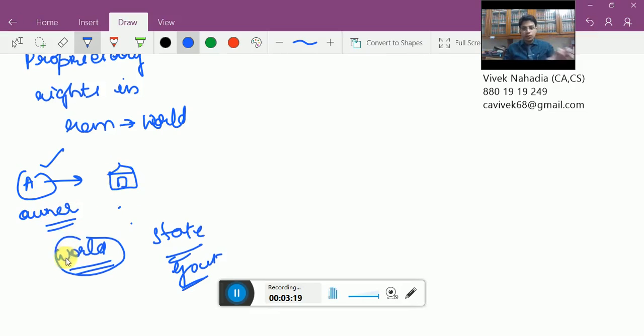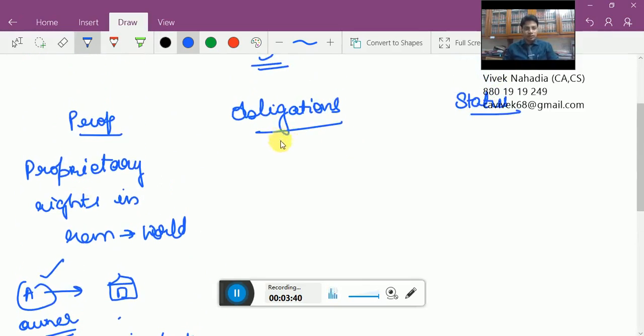So the world should recognize A's right over the house. A is the rightful owner of a house, so the world should recognize that A is the rightful owner, and the state should protect A's right over that house. That's it.